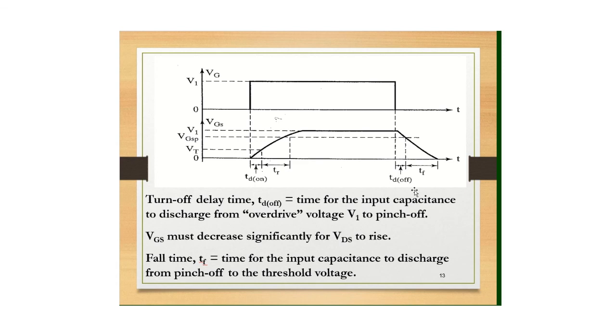And fall time is the time for the input capacitance to discharge from the pinch off region to the threshold voltage. So that's all about the steady state characteristics and the switching characteristics of MOSFET.